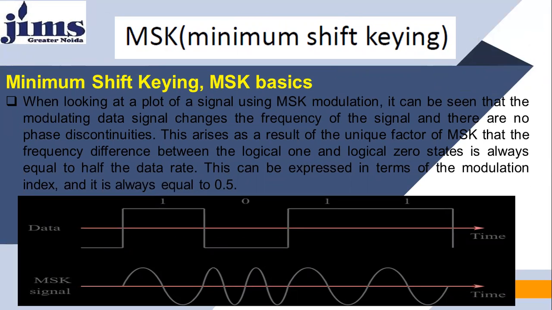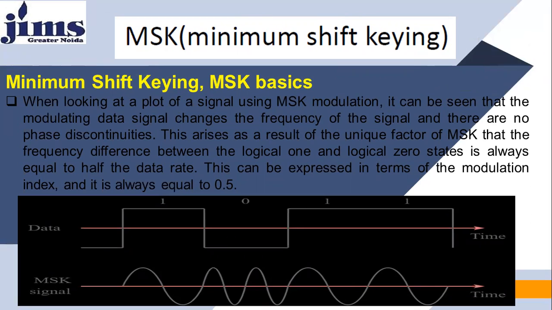When looking at a plot of a signal using MSK modulation, it can be seen that the modulating data signal changes the frequency of the signal and there are no phase discontinuities. This arises as a result of a unique factor of MSK: the frequency difference between the logical 1 and logical 0 state is always equal to half the data rate. This can be expressed in terms of the modulation index, and it is always equal to 0.5.